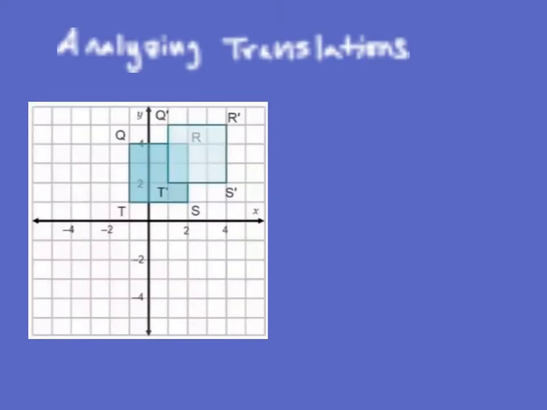If I look at this example here, I'm just analyzing this translation. We start with our figure QRST, and we translate this figure over to get Q prime, R prime, S prime, T prime. Now I want to look and see what happens to these points.